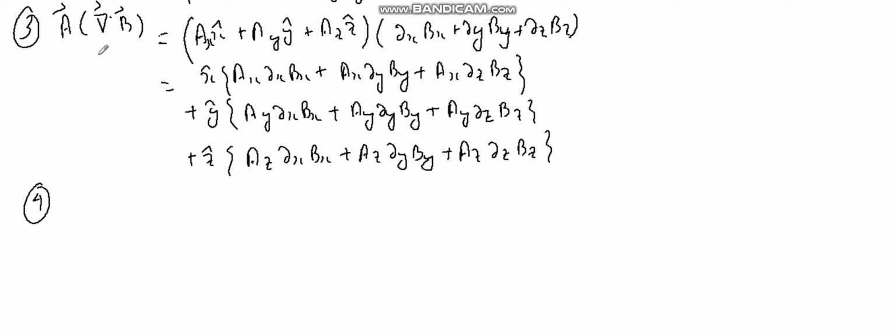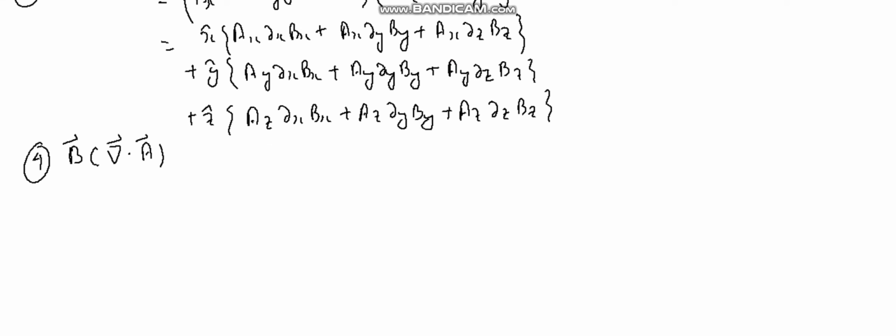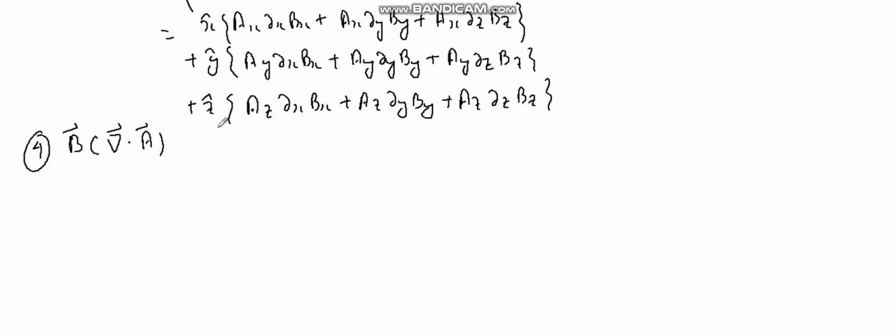Similarly for the fourth term we're gonna have b times del dot a, so we'll get these terms, only thing is that a is replaced by b and b is replaced by a.